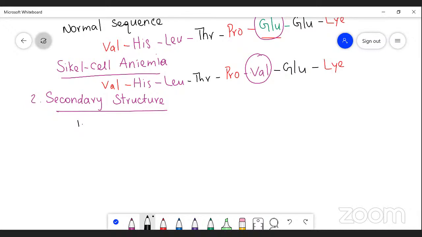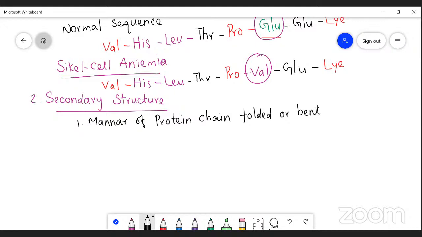So the manner in which the protein chain is folded or bent is represented by the secondary structure of protein.